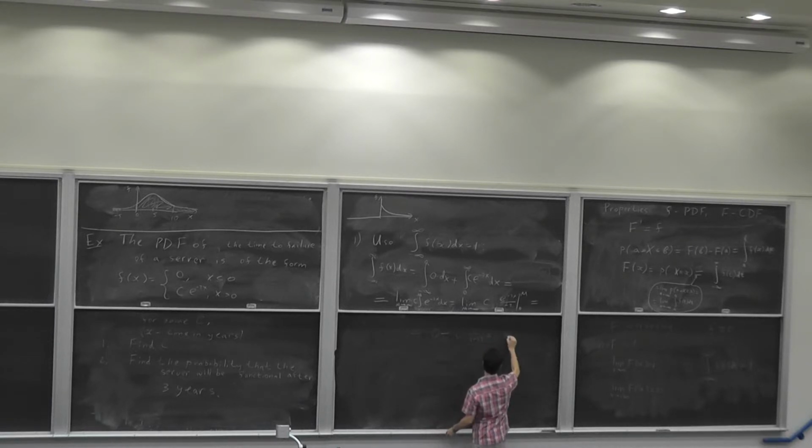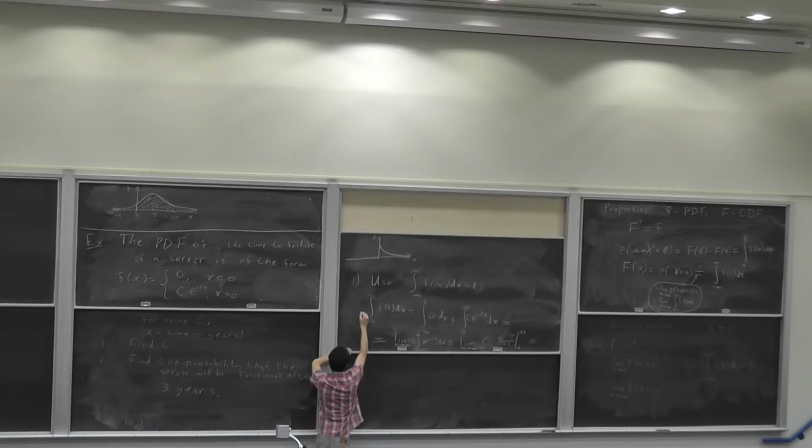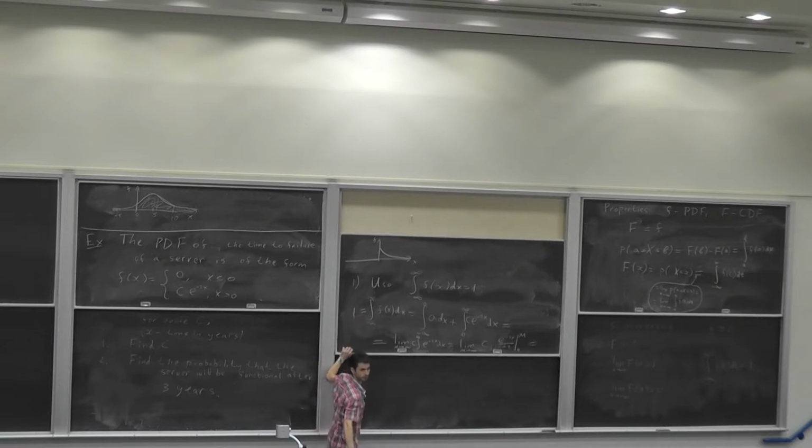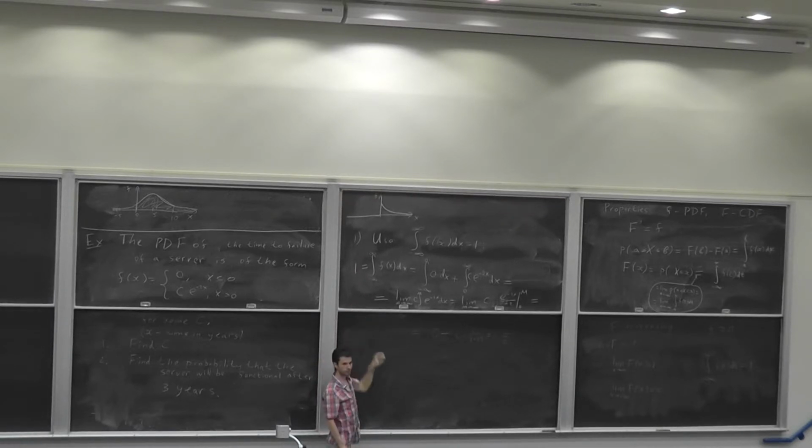So it's c over 2. On the other hand, this integral is 1, once again because it is a density function. Okay. So c must be 2. That's the answer.